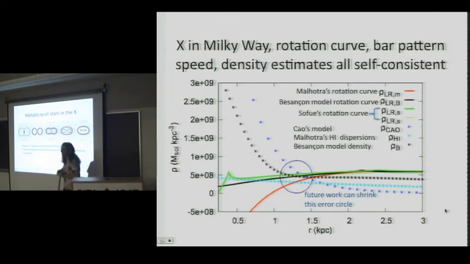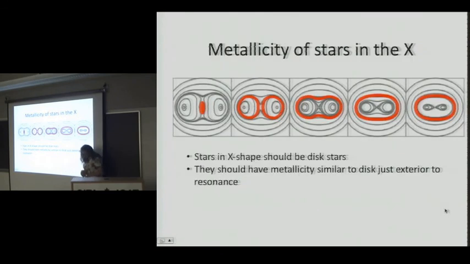So what are the metallicities of the stars in the X? There are observational studies measuring metallicities of those same stars in the big photometric surveys. I'm predicting that the stars seen in those 2 populations on either side of the galaxy should be disk stars, exactly like the stars just outside of the resonance.